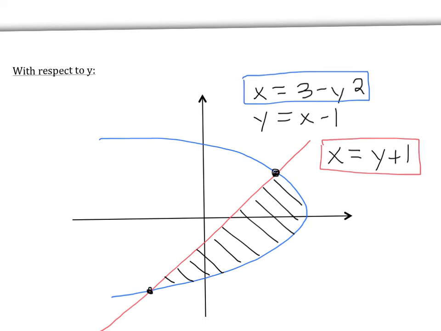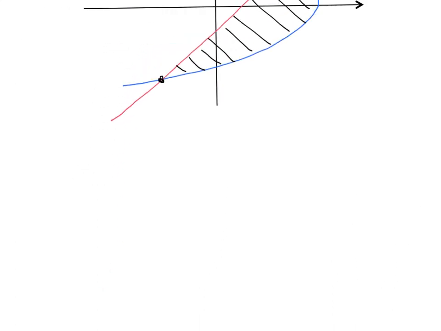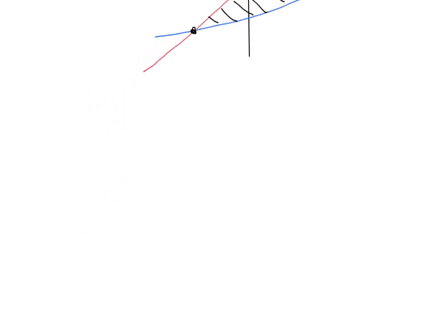And again, if I spin this thing around, I note that I still need my points of intersection. If we are integrating with respect to y, we will simply want the y values at which they intersect. So again, it's as simple as setting these two curves equal to each other. So we'll have 3 minus y squared equals y plus 1.